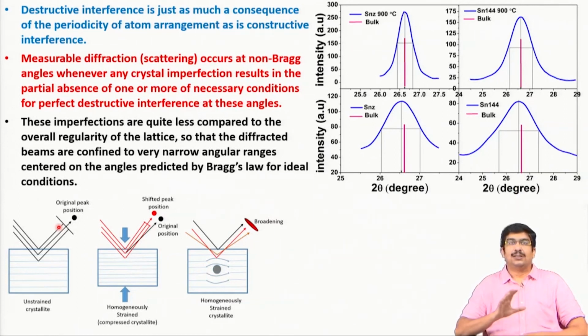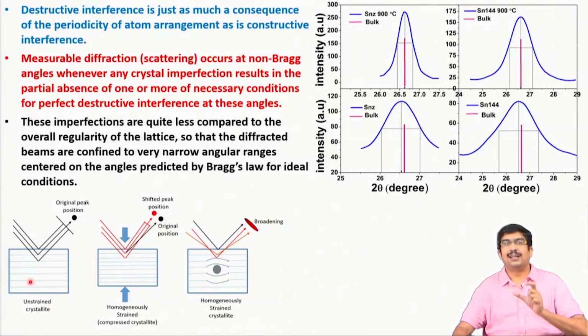Something like this is what we are trying to show here. This is the crystallite, a case where all the atomic planes are perfectly placed and the d spacing between them is also perfect, constant throughout the material. In this case we get the peaks exactly at the same position, at the middle.